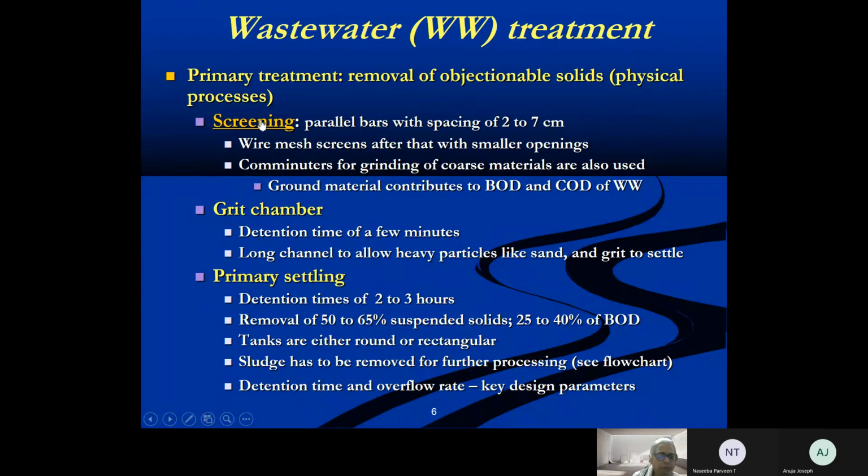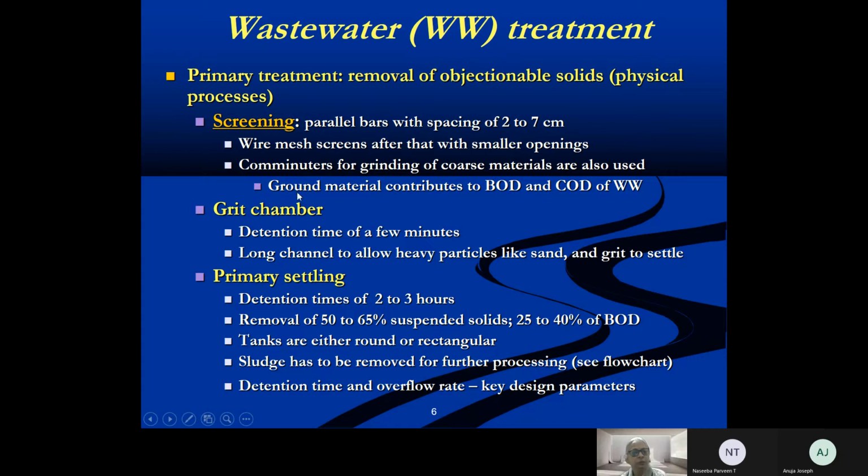Some wastewater treatment plants use what are called comminutors. Comminutors are grinders. A technical name for grinding is comminution, where you grind the organic matter. If you have twigs and leaves and branches, they can all get ground up into very small pieces.